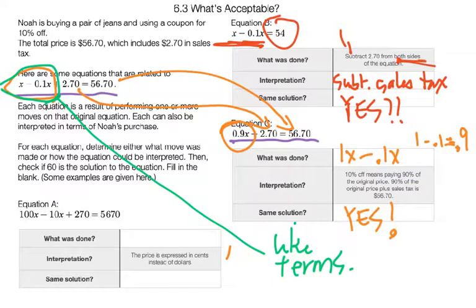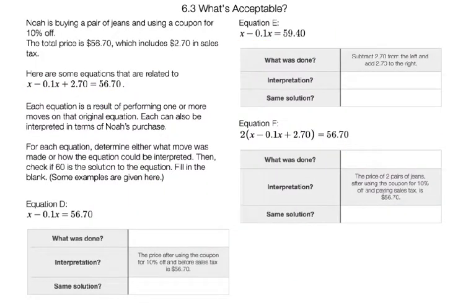So on the next slide, slide number 10, we now have equations where things were done that don't seem quite right.